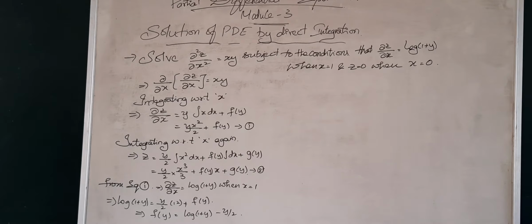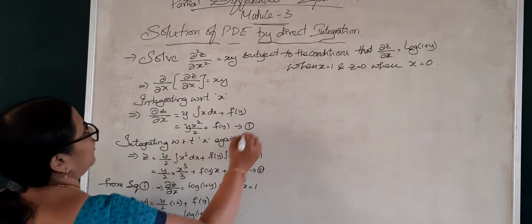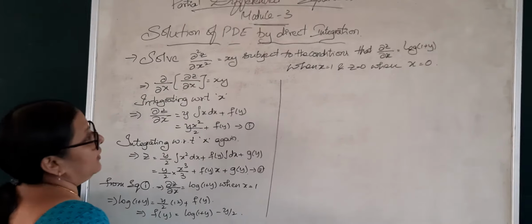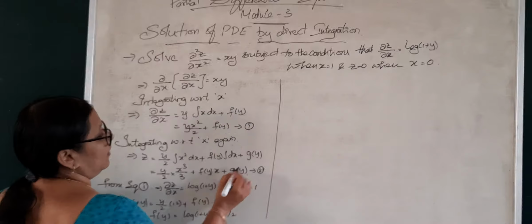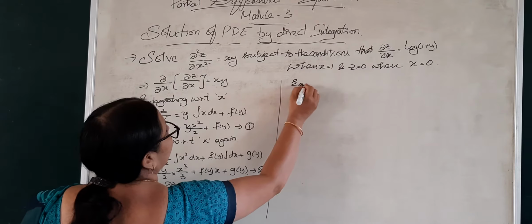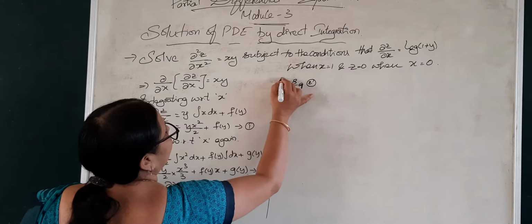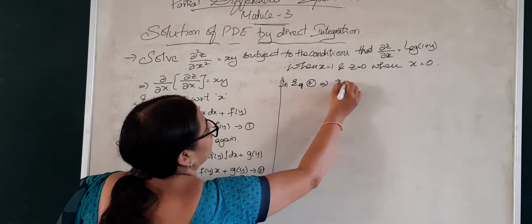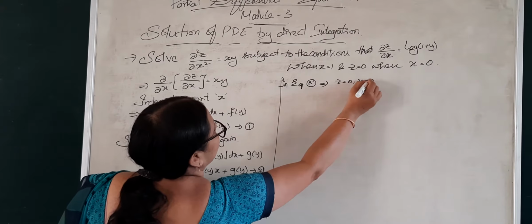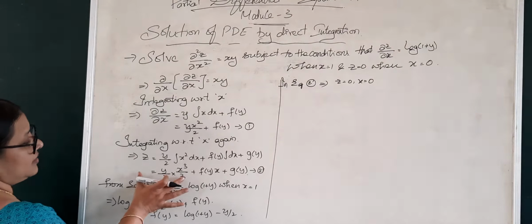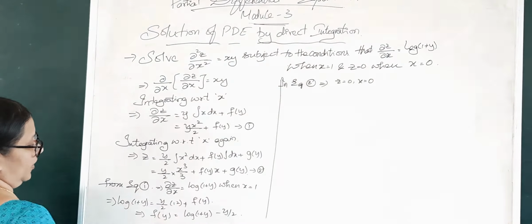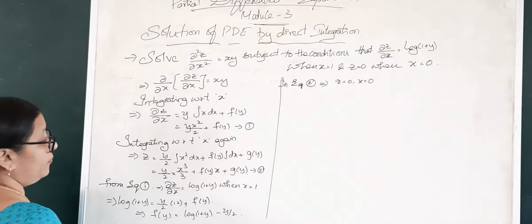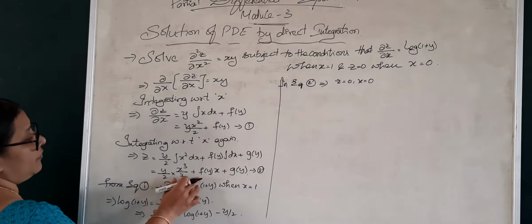Next we have to apply the second condition to find the other constant. In equation 2 we will apply the second condition: put z = 0 and x = 0. Of course we can substitute f(y) also.